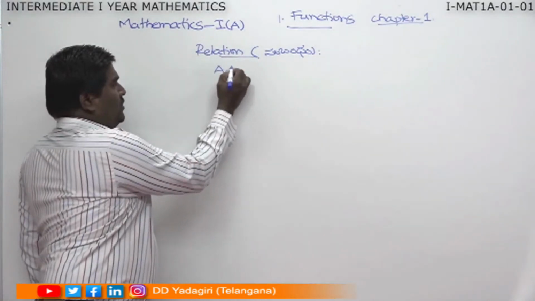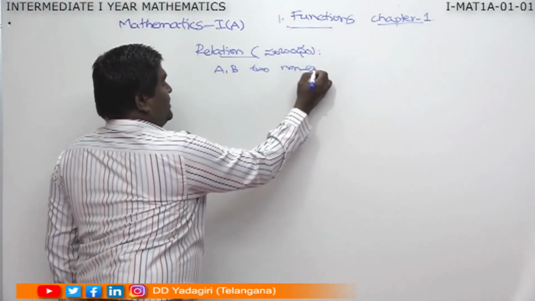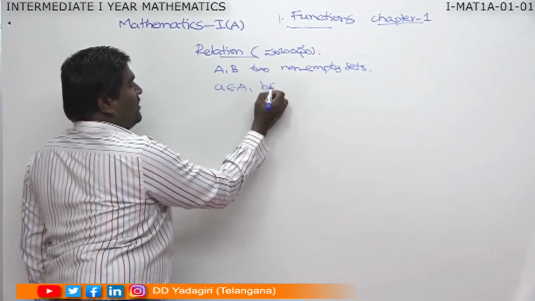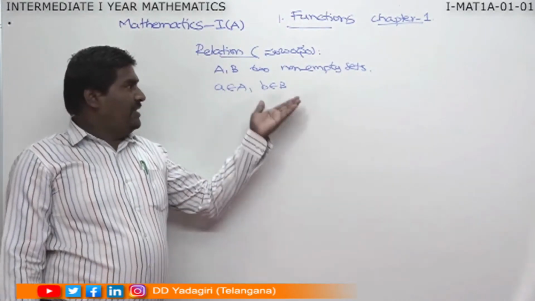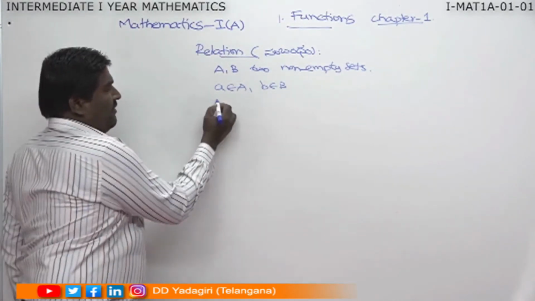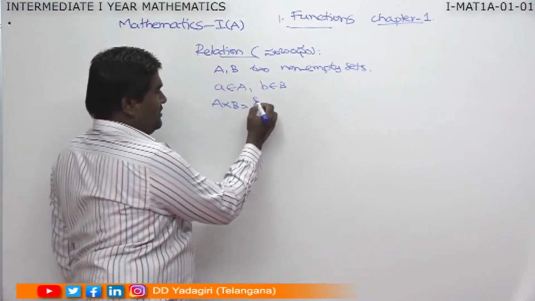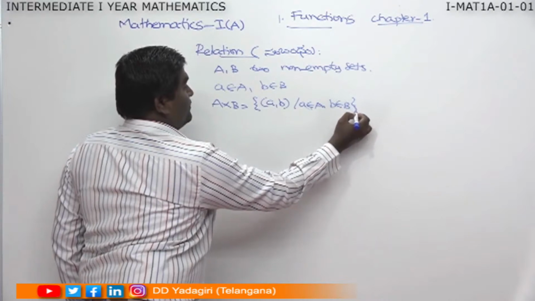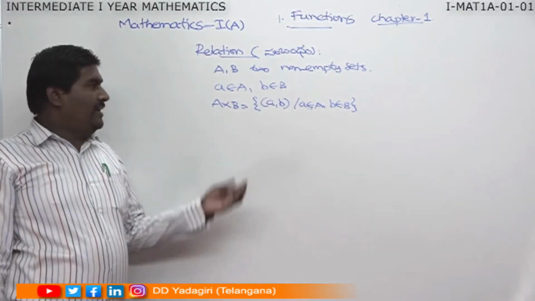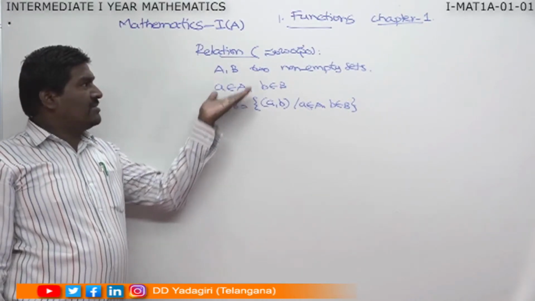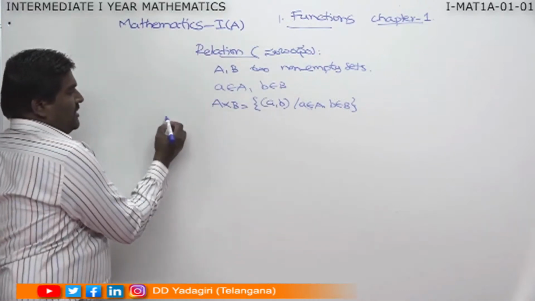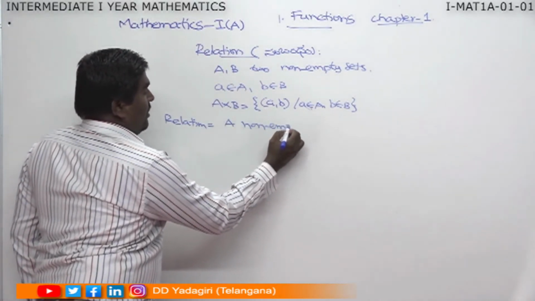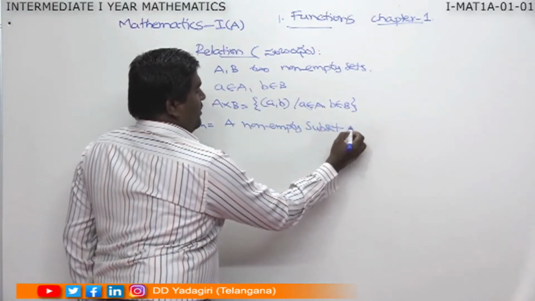If A, B are any two non-empty sets, a is an element in A, b is another element in B. We may get the Cartesian product A cross B as the set of ordered pairs (a, b) such that a belongs to A, b belongs to B. Now, any non-empty subset of A cross B is called a relation from A to B. Relation is a non-empty subset of A cross B.